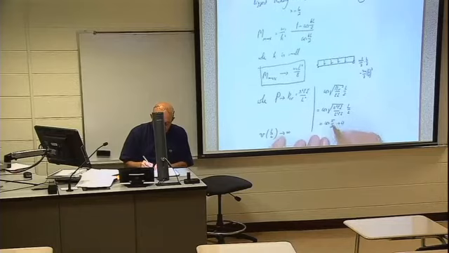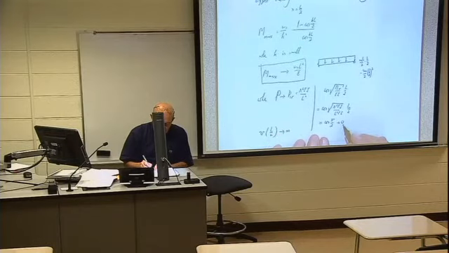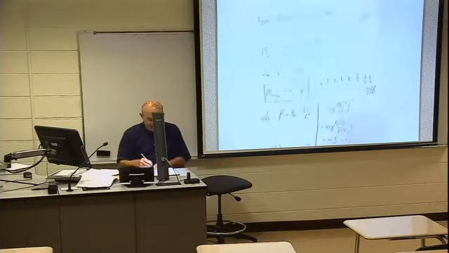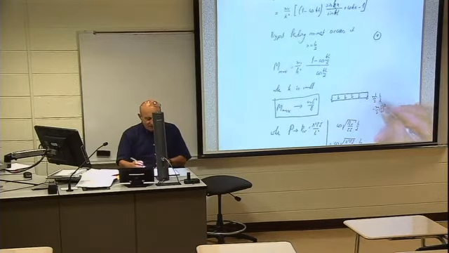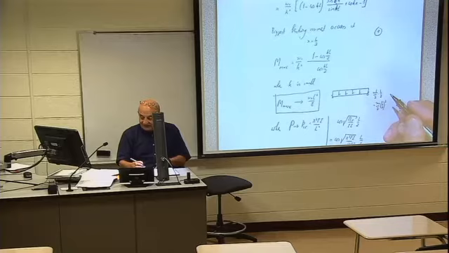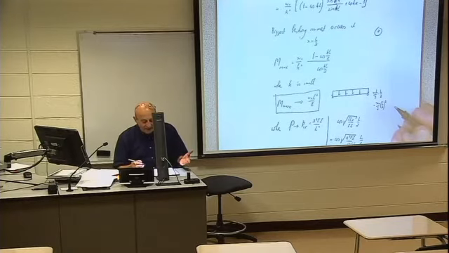So we get cosine pi over 2. Cosine pi over 2 is 0. So that means that when buckling load is approached, then maximum displacement goes to infinity, and bending moment also goes to infinity.